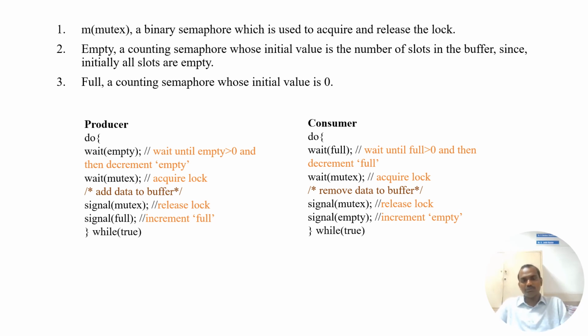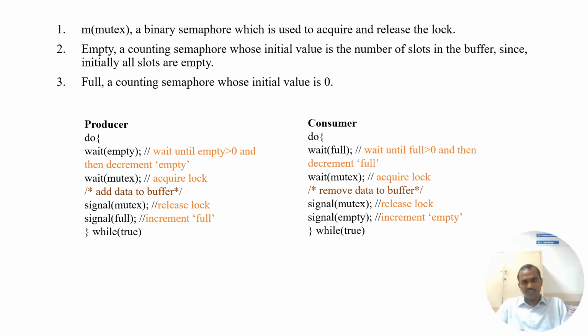Coming to the consumer, do wait of full: wait until full is greater than 0, meaning the blocks in the buffer are full, then decrement full. Wait of mutex is used to acquire a lock. Once it has acquired the lock, the producer will not insert data into the buffer.